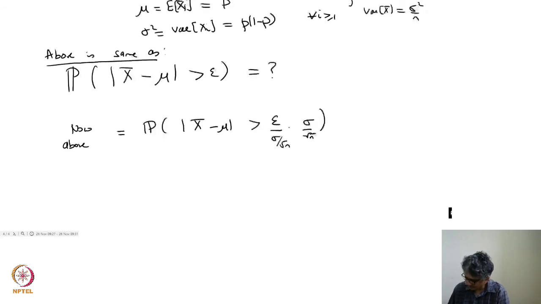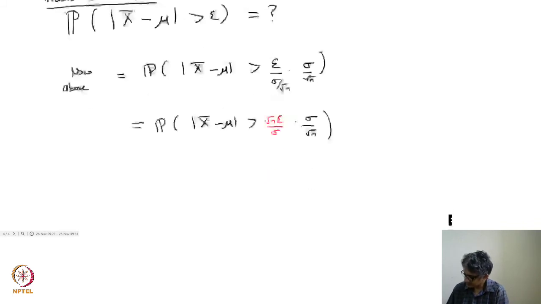Now I have a random variable x bar whose mean is mu and variance is sigma squared by n. So this is the same as x bar minus mu being bigger than root n epsilon by sigma times sigma by root n. Now I can apply Chebyshev's inequality.